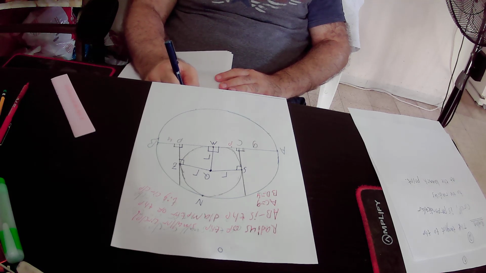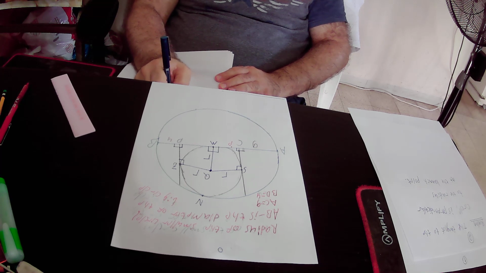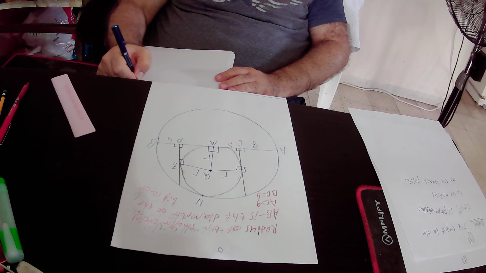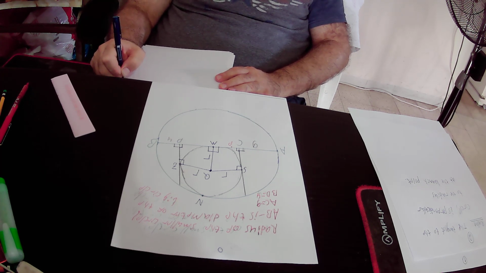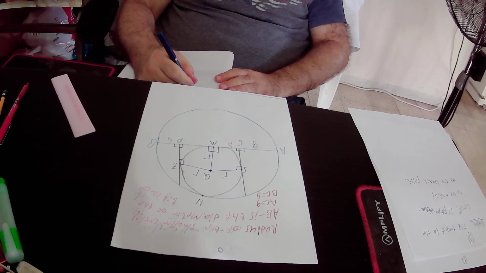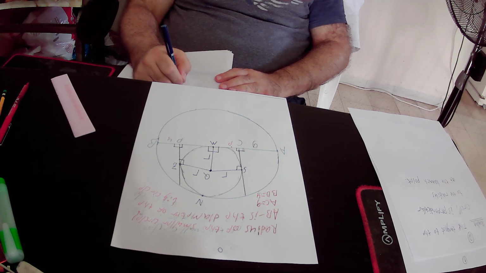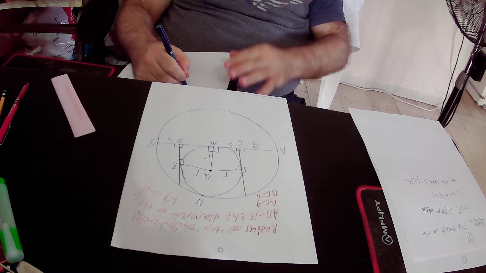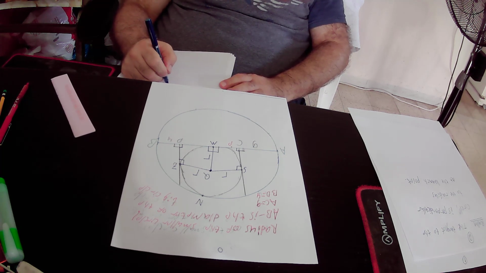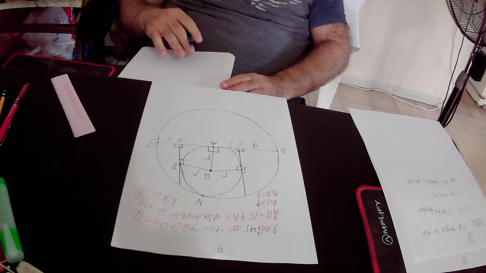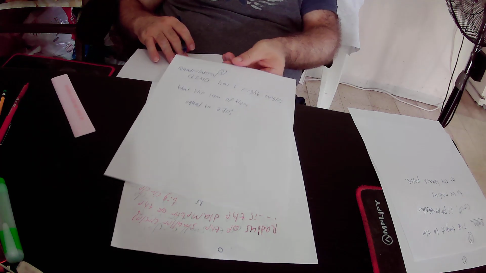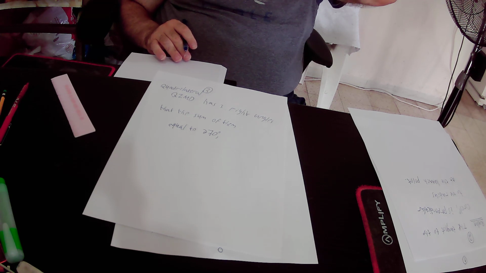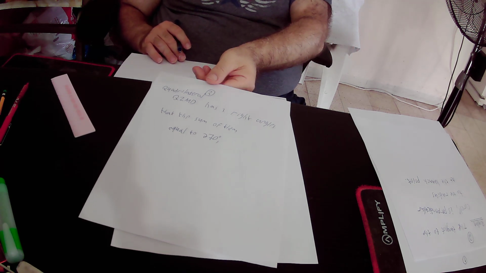Quadrilateral QZMD has 3 right angles, and the sum of them equals 270 degrees, because 90 times 3 is 270 degrees.